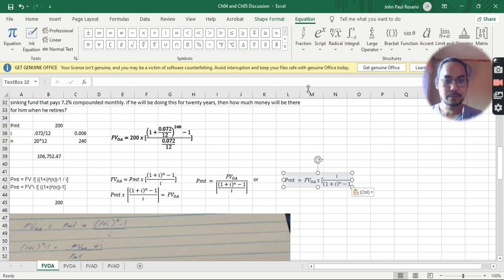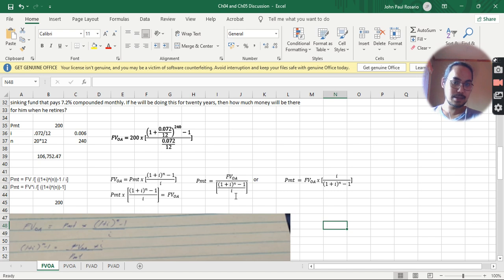Okay. So you can express your formula like this or like this. So as you can see, we change the division here to multiplication by simply inverting our denominator in a fraction.